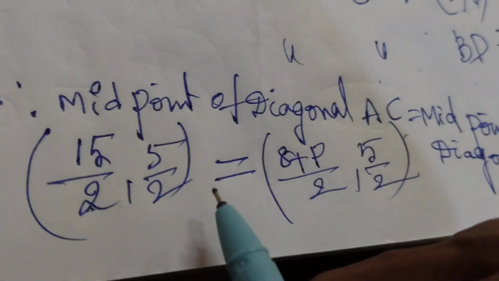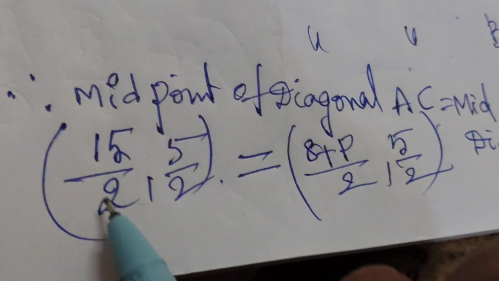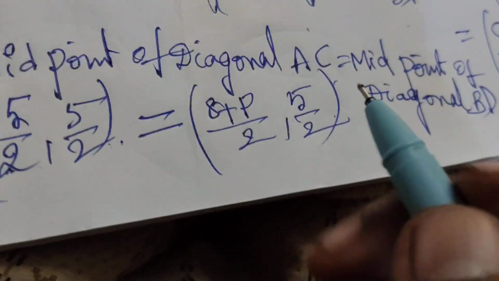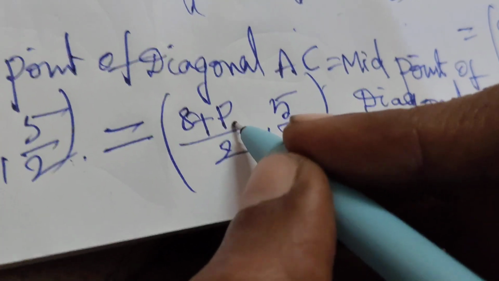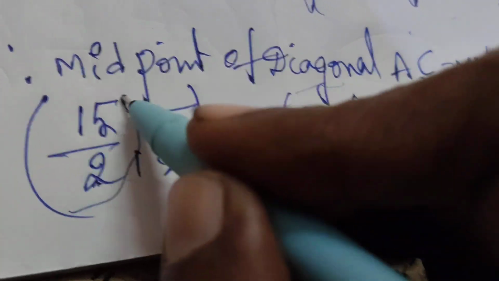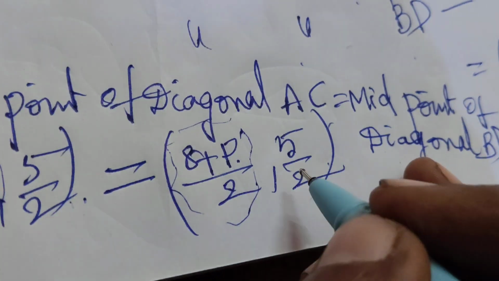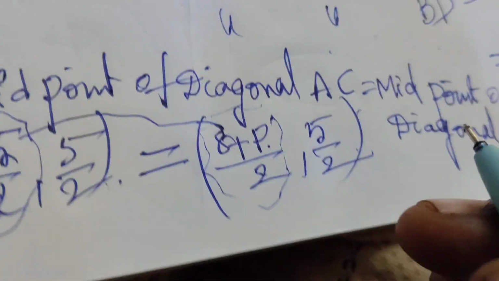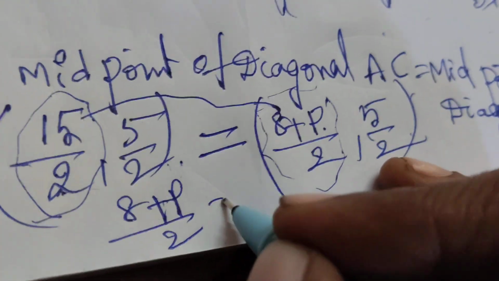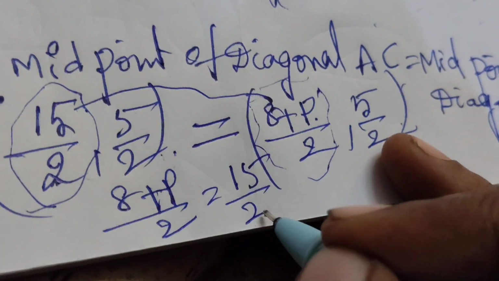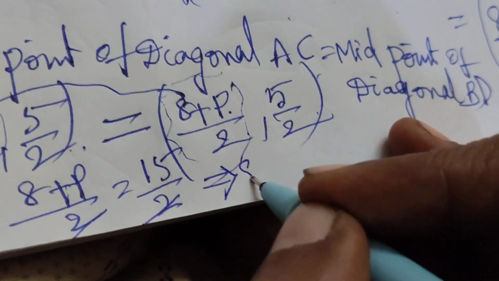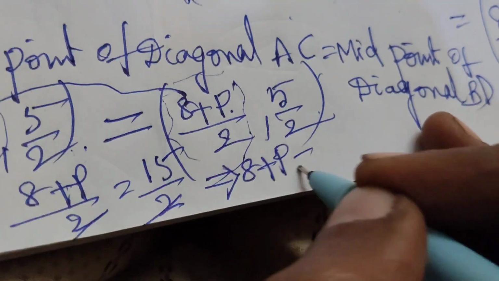Now compare the x and y values of the coordinates to find p. Equating the x values, (8 + p)/2 equals 15/2. The 2 gets cancelled, so 8 + p = 15.